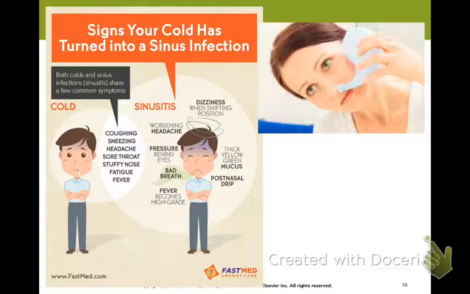You have a thick yellow or green mucus. Postnasal drip, which is going to give you bad breath. Postnasal drip, you'll have a really sore throat when you wake up in the morning. Pressure behind your eyes, especially upon bending forward. Okay, and then fever, of course, if it's a bacterial infection. And so this picture of the lady over here, this is something called a neti pot.